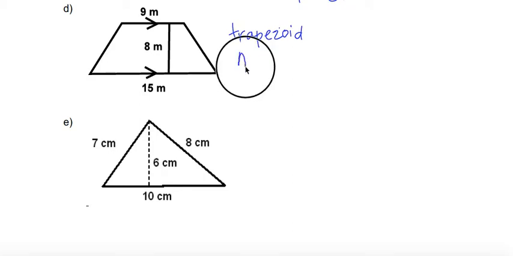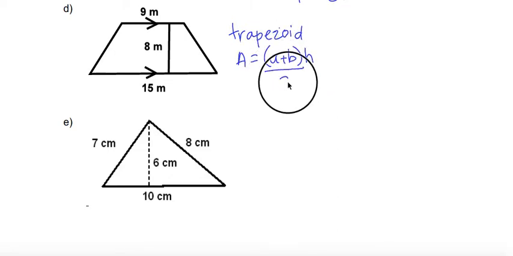If I refer to my formula sheet, the area of a trapezoid is A plus B times H divided by 2. That's probably the easier of the formulas that is represented on the formula sheet for you to use. A is the top of my shape, B is the bottom of my shape, and H is that vertical height.